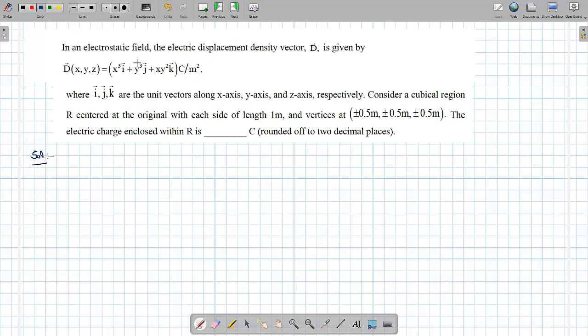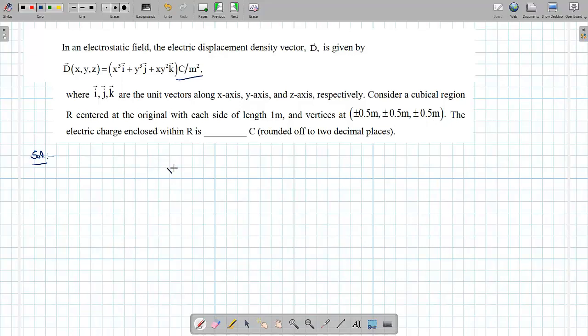In an electrostatic field, the electric displacement density vector D is given by this expression, with unit vectors along x, y, and z respectively. Consider a cubical region centered at origin with each side of length 1 meter, with limits plus minus 0.5. So it's a cube. The electric charge enclosed within R is how much?